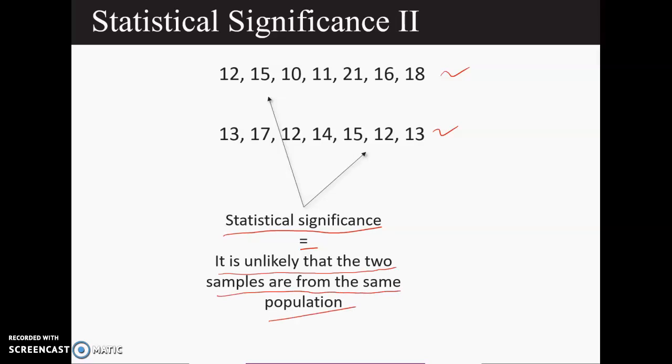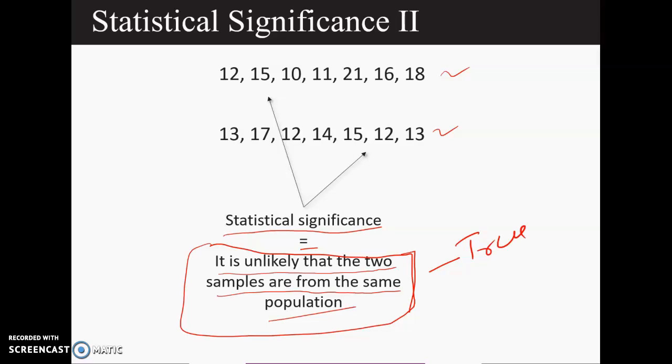We will check the truthness of this argument, and if this is true, then the data from sample 1 and sample 2 have not been drawn from the same population.